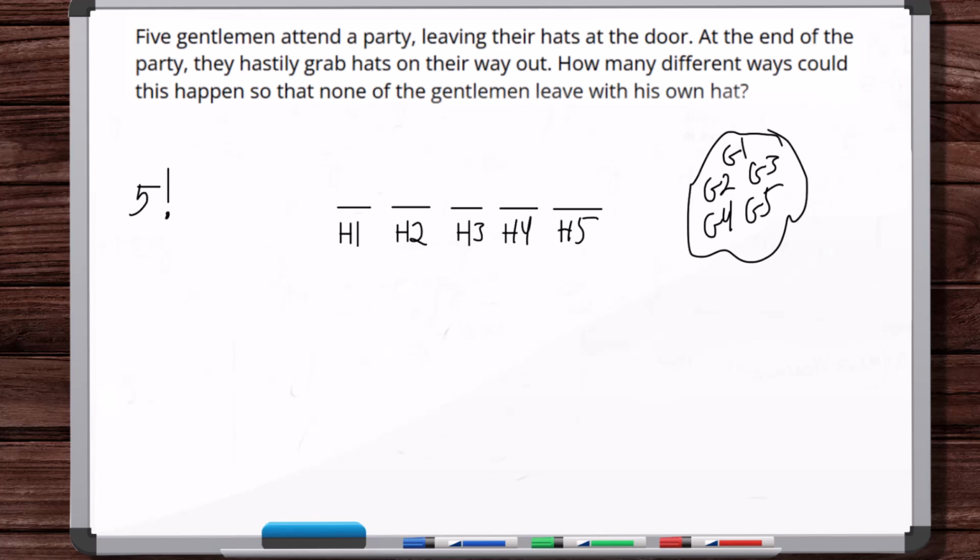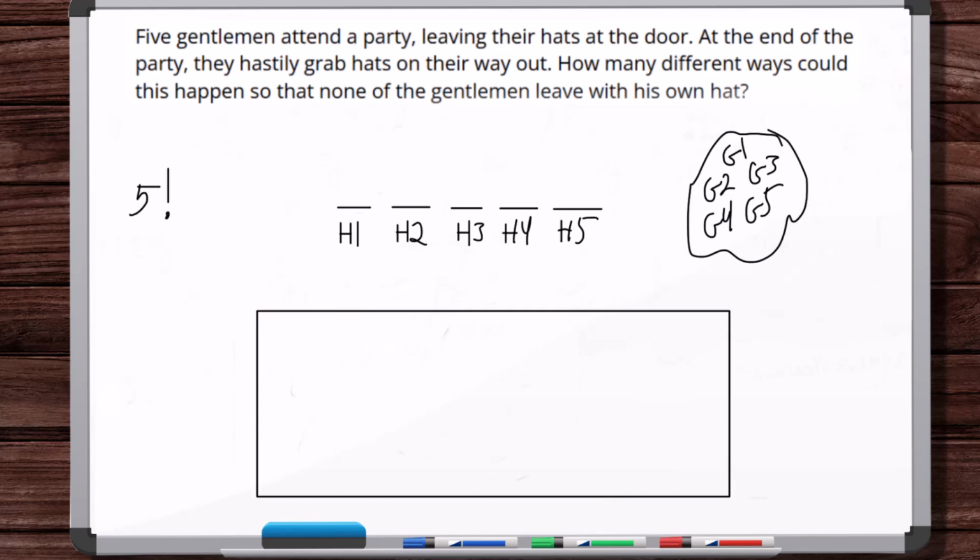Now, you can draw the Venn diagram, right? You might be thinking, I need to draw the Venn diagram and see where the different overlapping regions are. But in actuality, you don't have to do that, and you probably don't want to. Instead, you just want to see how many different sets you have to encompass what you're trying to subtract out, and then you just assume that they're all overlapping completely.